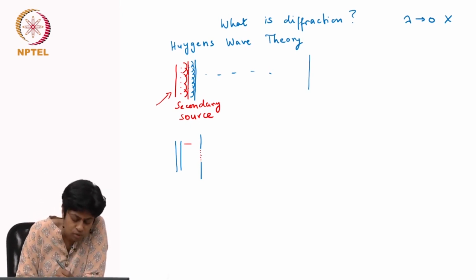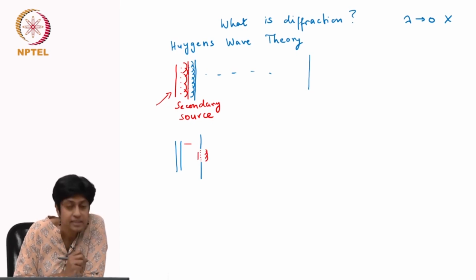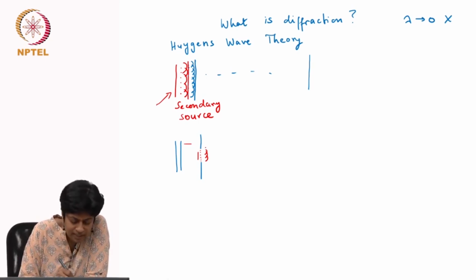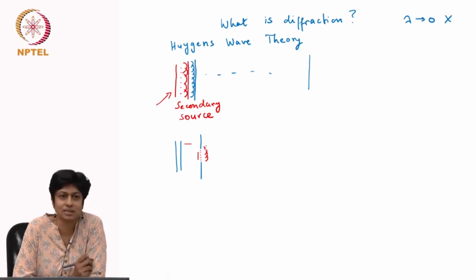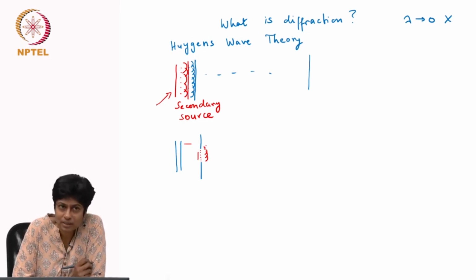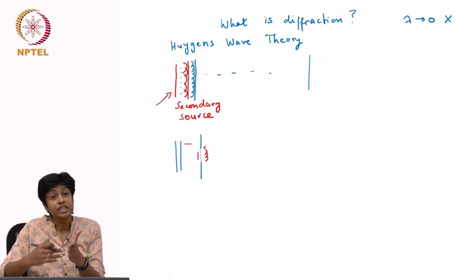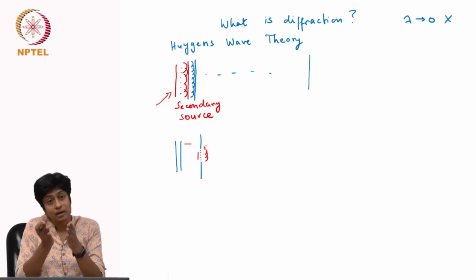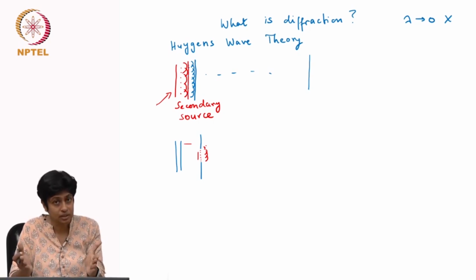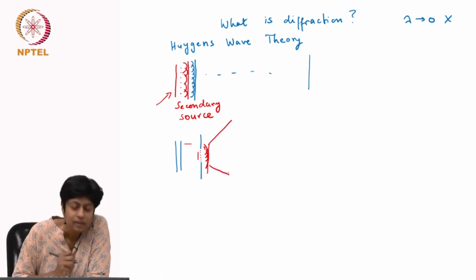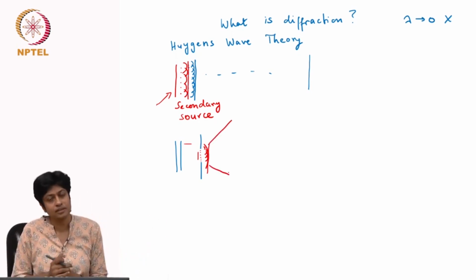And for all the sources in the middle, you can consider these travel onward undisturbed. But for the sources at the edge, the wave gets disturbed. And when that secondary source is disturbed, the region in which the phase matching condition occurs is now no longer this region, but something like this. In other words, light is traveling in another direction.